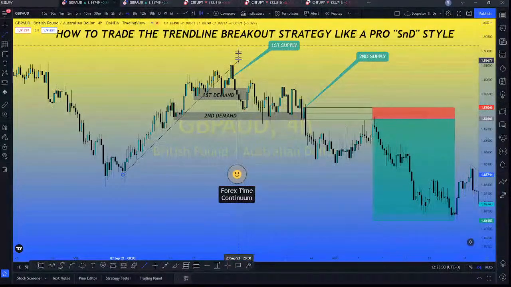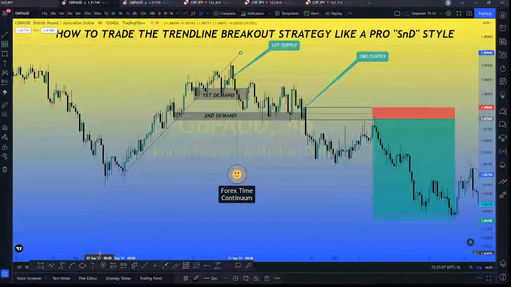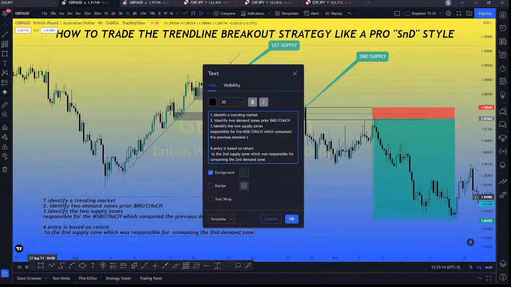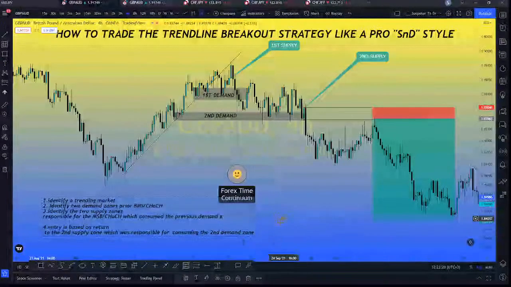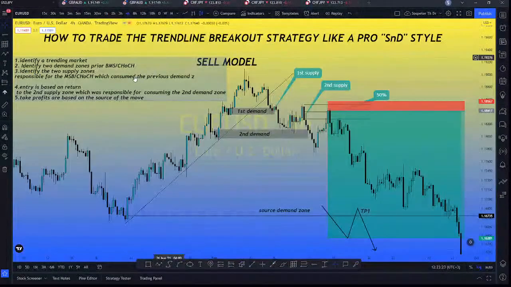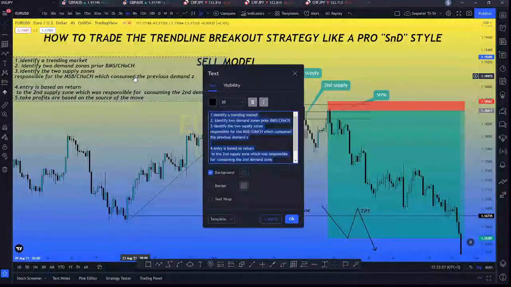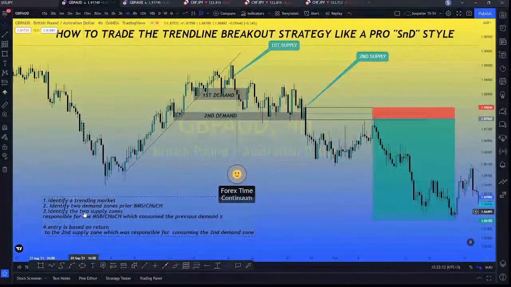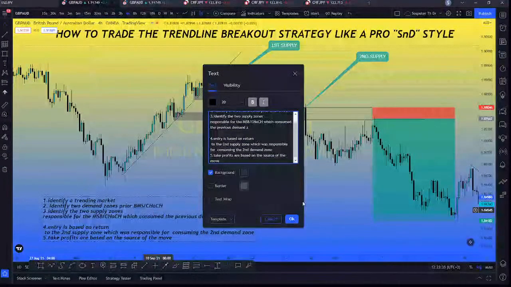So the trend line. Let me copy paste the steps here. The other one had no point number 5, so let's replace it with this one.